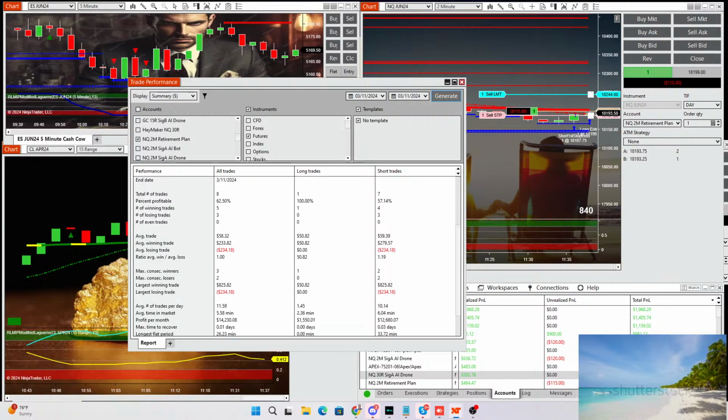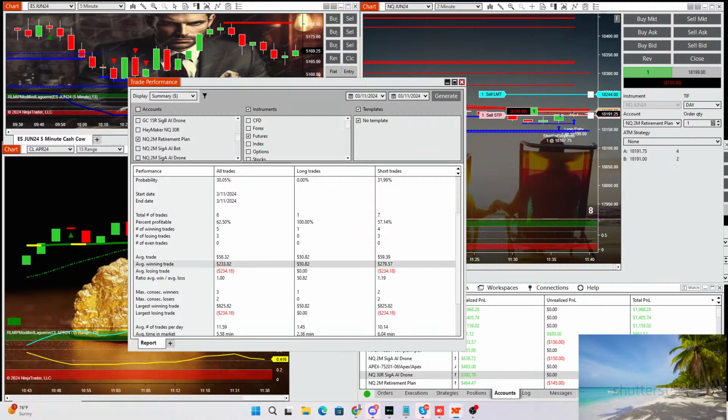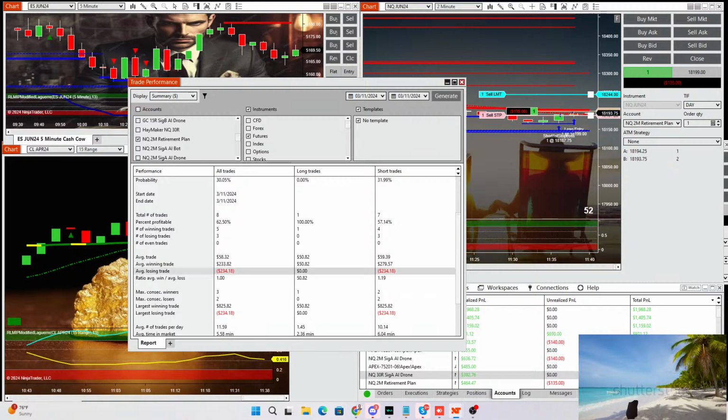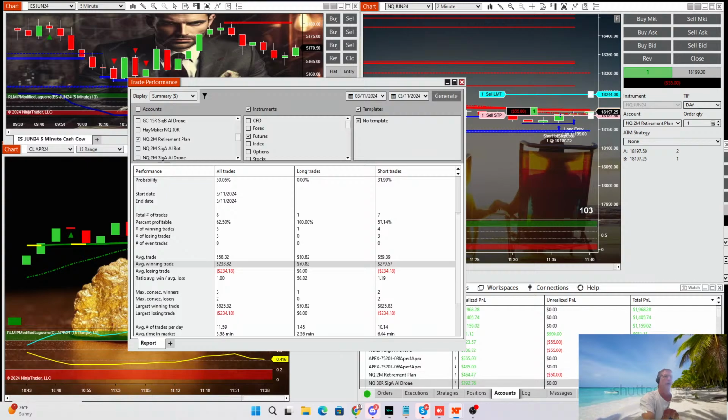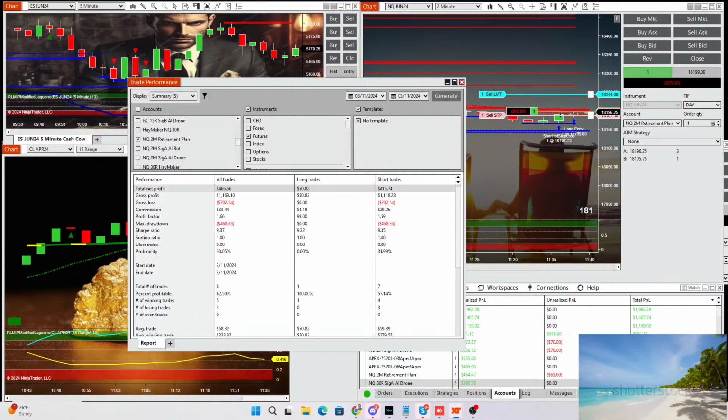It got that big winner. The average losing trade is right around 1 to 1. I'm not exactly sure why that happened. I did flatten everything at one point, and I think it might have thrown it off just a bit. But it did wind up about $500.